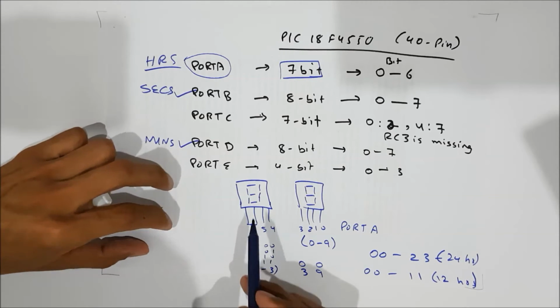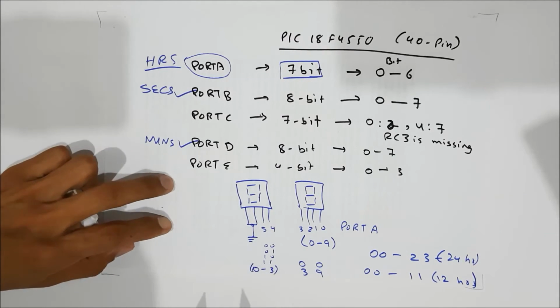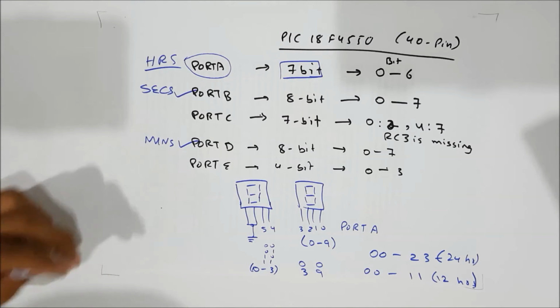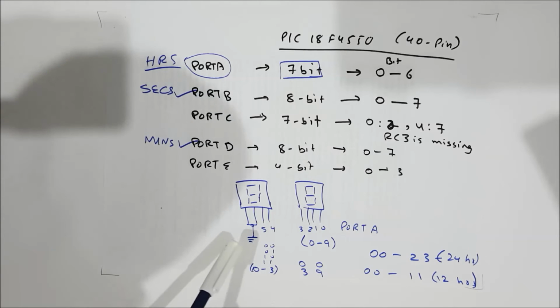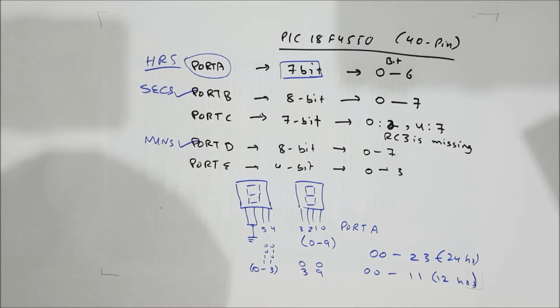Even if we don't have the upper 2 bits available, since bit RA6 is being utilized for the HS oscillator, it still serves the purpose, and we can use port A as our hours port. So we will use this configuration to design a complete digital clock in today's lecture, and I'll guide you step by step how to make the loops.